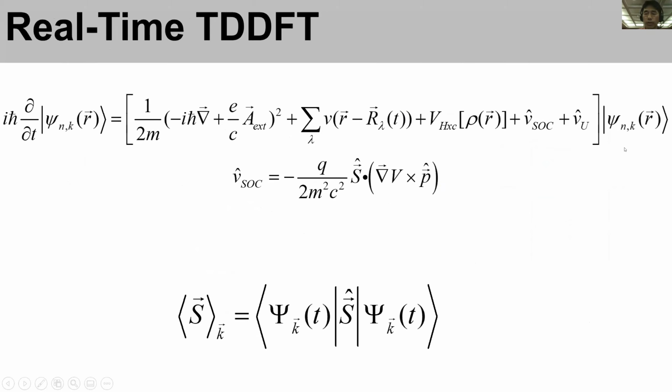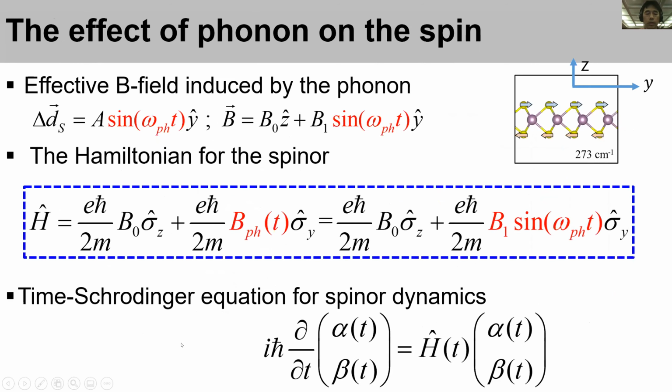We first calculate the time evolution of a spinor state, including the spin-orbit coupling, and we calculate the spin dynamics at the point below. And after close examination, we found that when the lattice is distorted along the phonon eigenvector in the y direction, spin is deflected along the y direction.